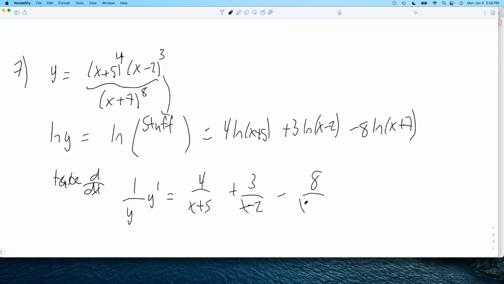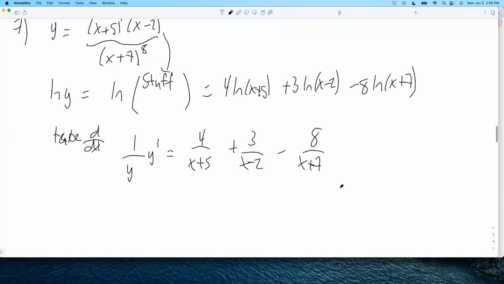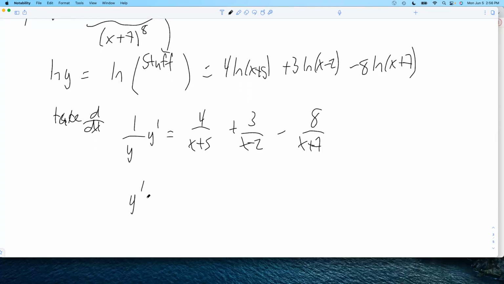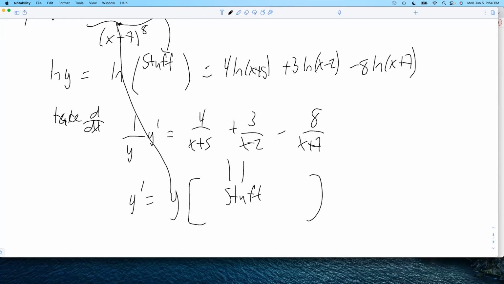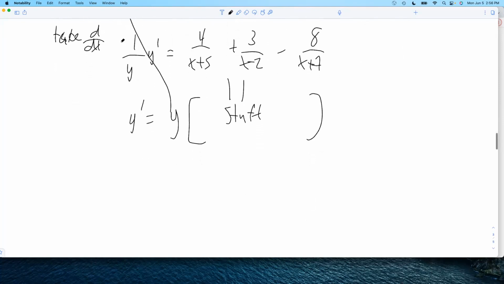Minus 8 over x plus 7. Derivative of x plus 7 is just 1. I don't need any of those. So y prime equals y times all this stuff. And y is up there somewhere. You don't need to see me rewrite all that out.